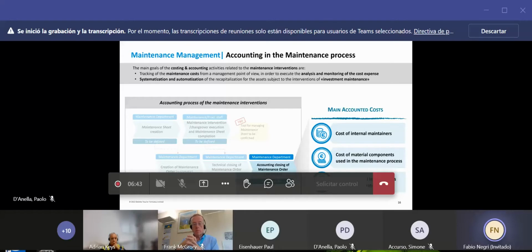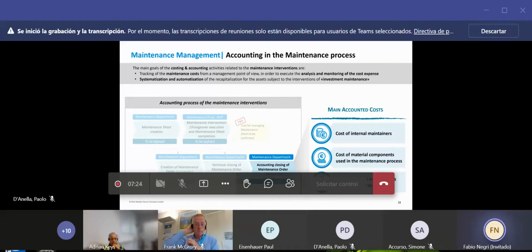The second element of cost that can be taken into consideration is the cost of the material used in the maintenance process. So we talked about the spare parts: the relevant ones should be registered in the master data and managed in the SAP stock, and we can take their cost into consideration in the maintenance order.